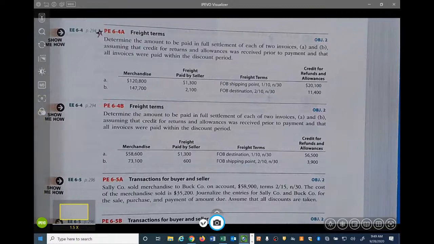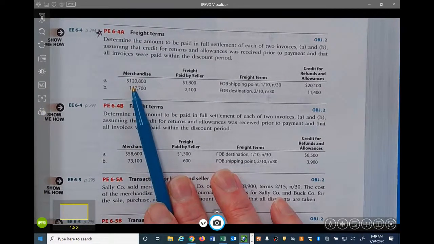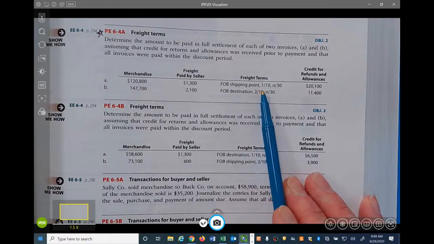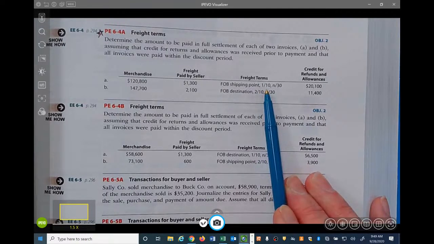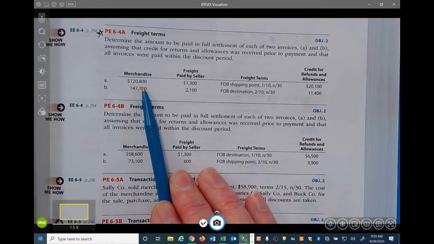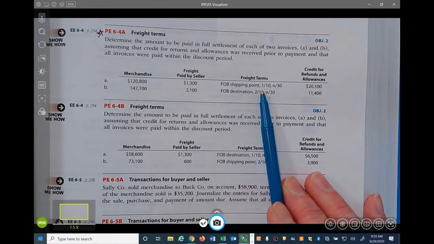So long and short, I know that would sound really confusing. Long and short, we purchased merchandise for $120,800, right? The terms of the sale said if we paid them within 10 days that we could take a 1% discount, right? So we paid them within the 10 days, so we're going to take that discount. So really, our merchandise is only going to be the $120,800 times 0.99 because we take that discount. Okay?